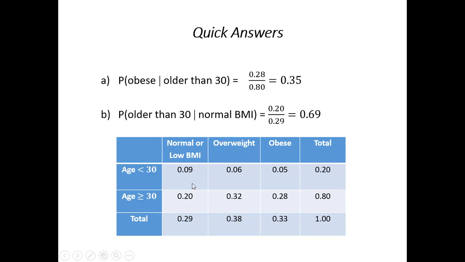Older than 30 and a normal or low BMI is 0.20. That's my numerator. And the probability of a normal BMI is 0.29. So this is my conditional probability.